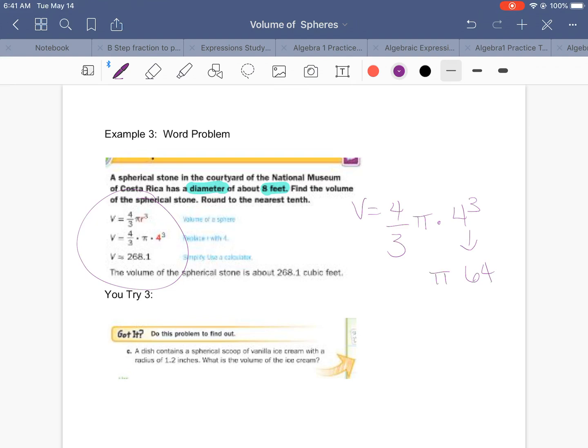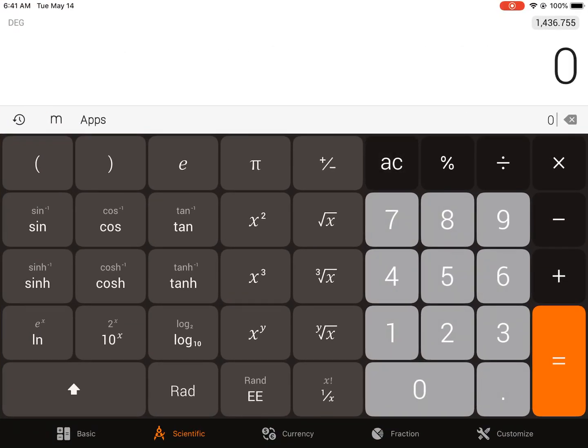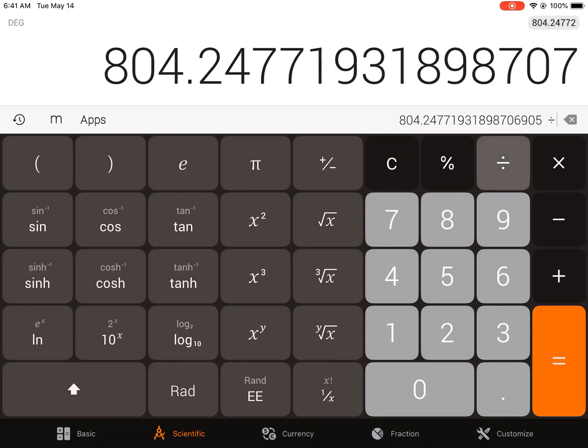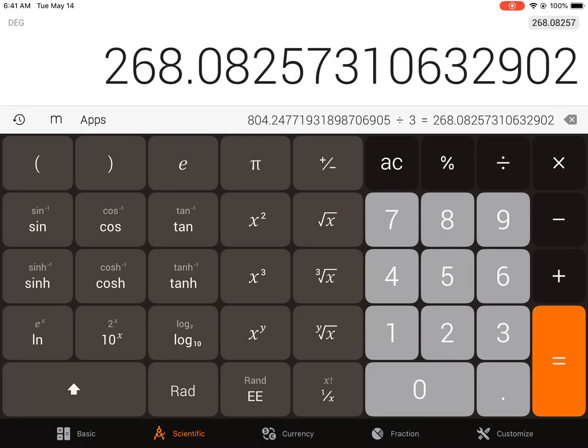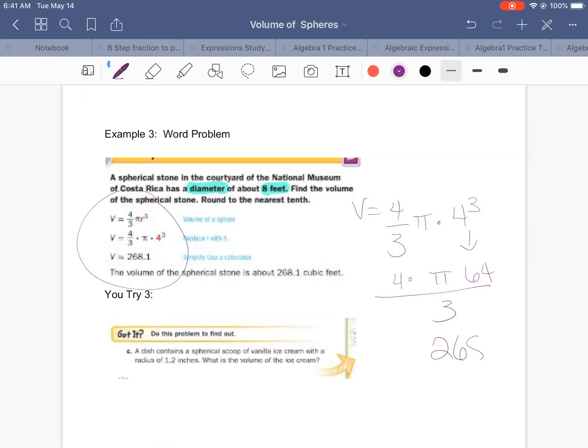So 64 times 4 times pi equals that, divided by 3. 268.1 if we round to the nearest tenth. And it looks like it is feet cubed.